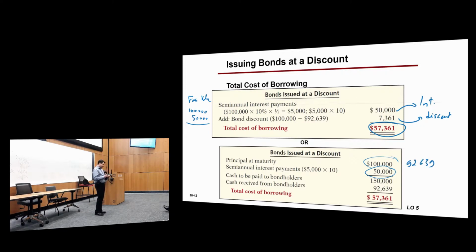They will have to pay back 50,000 interest, and they will have to pay back 100,000 as principal. So the company will have to pay 57,361. That's the cost of borrowing money by issuing $100,000 of bonds. Any questions about this?